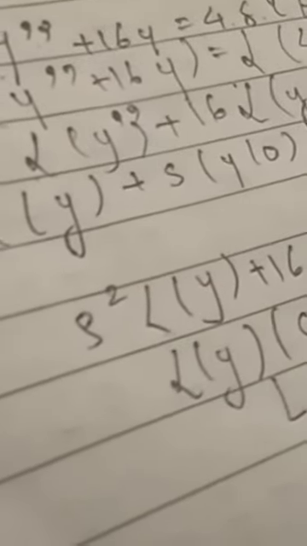So Laplace of y comes out to be e power minus 3 pi s upon s square plus 16. So the value of Laplace of y is equal to 4 e power minus 3 pi s upon s square plus 16.